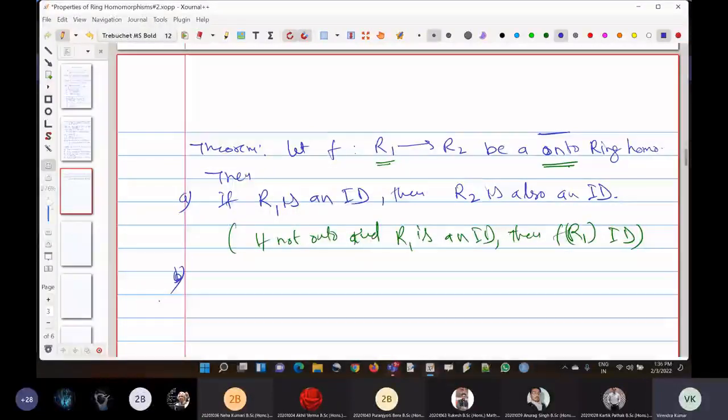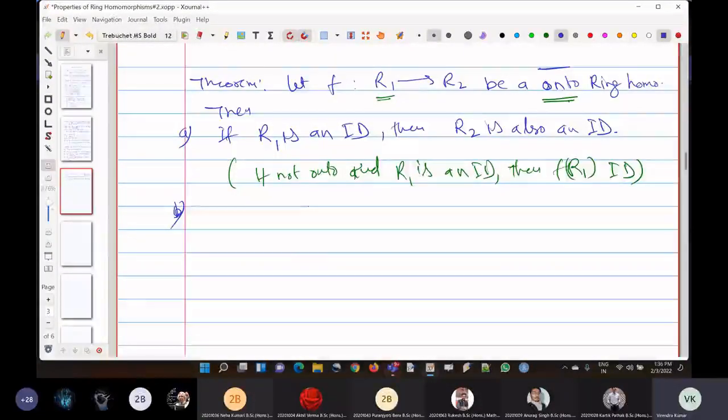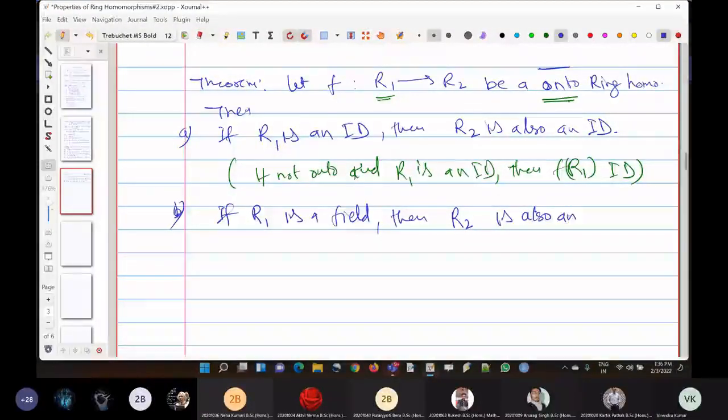Part B, let us see. If R1 is a field, then R2 is also a field, okay.